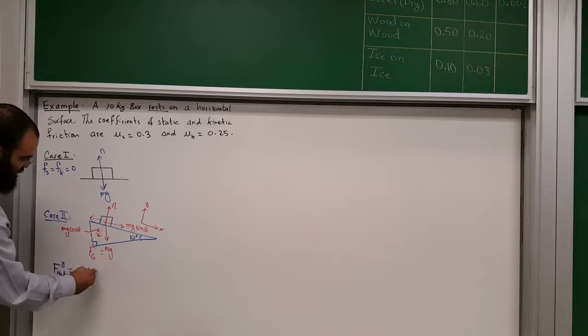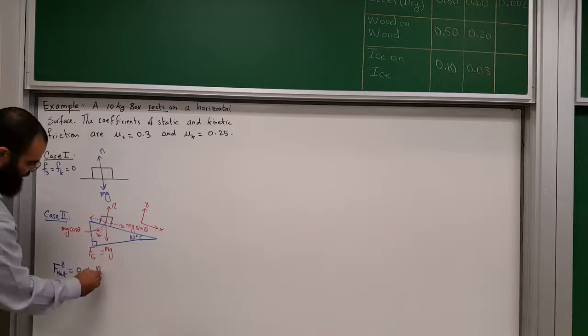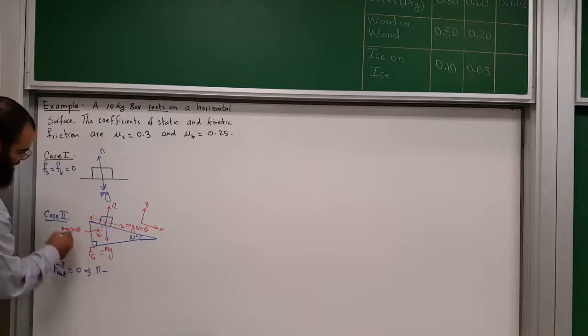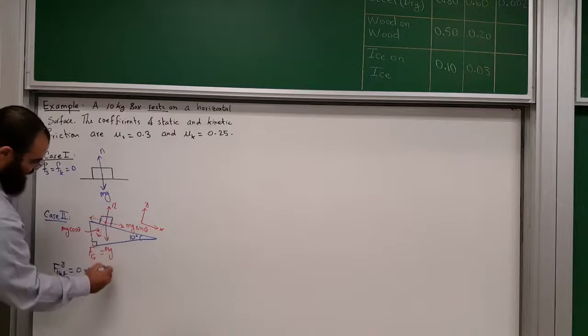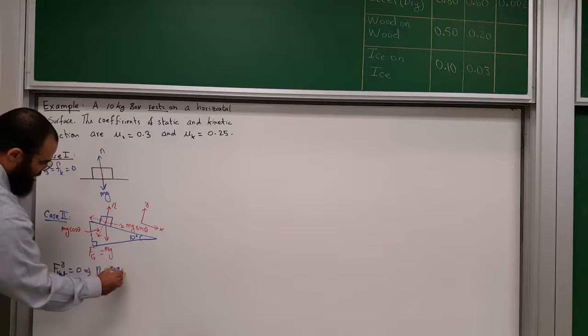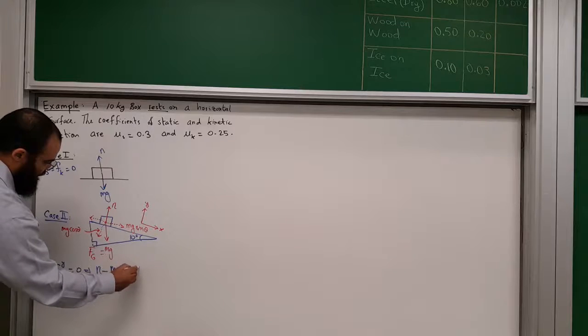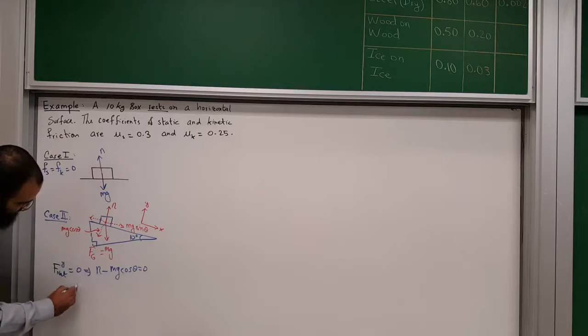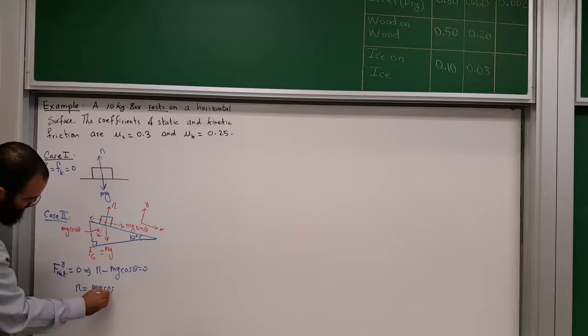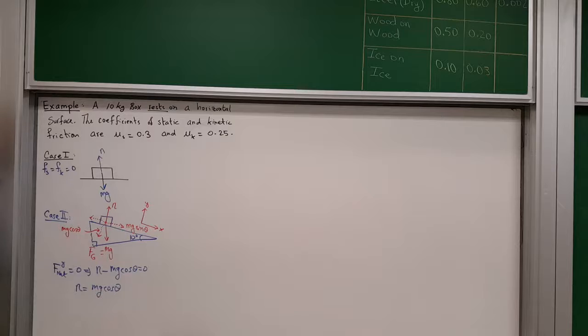And so that means the normal force in the positive y direction, minus mg cosine theta, because it's this way, equals 0. That means the normal force will equal mg cosine theta, cosine of 10 degrees.